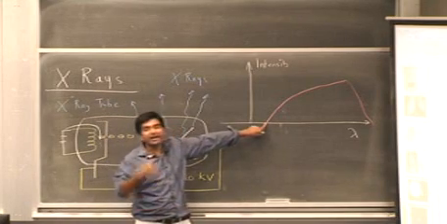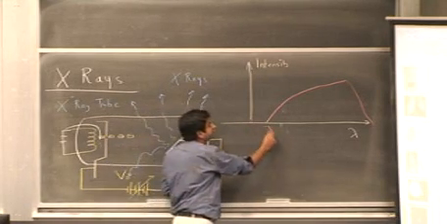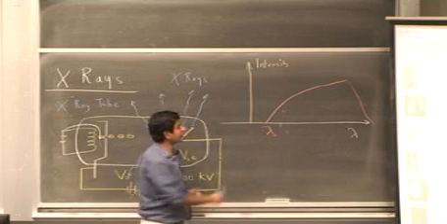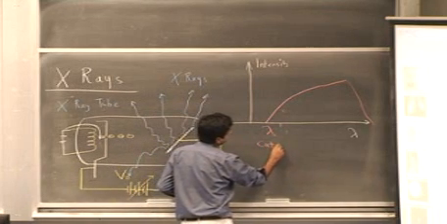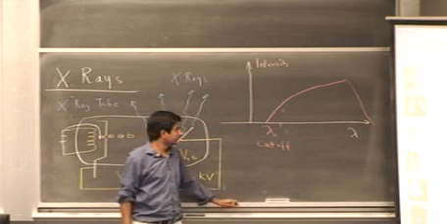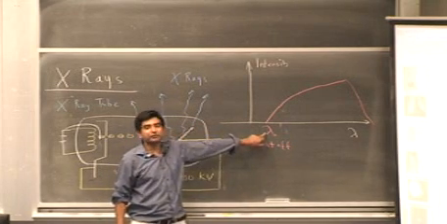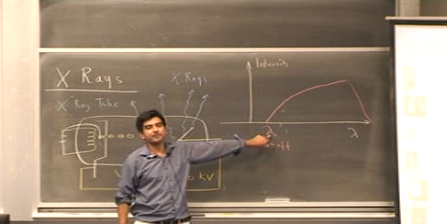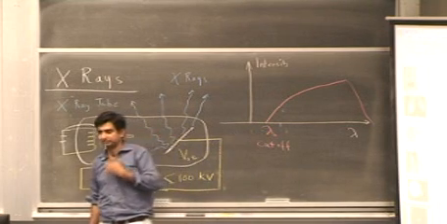So it starts off at a certain wavelength, lambda naught, which is called the cutoff wavelength. Now can you calculate what this cutoff wavelength should be, and why is there a cutoff wavelength?